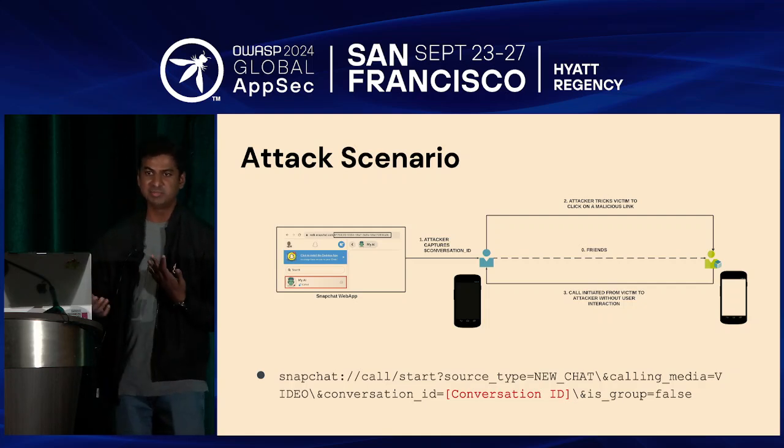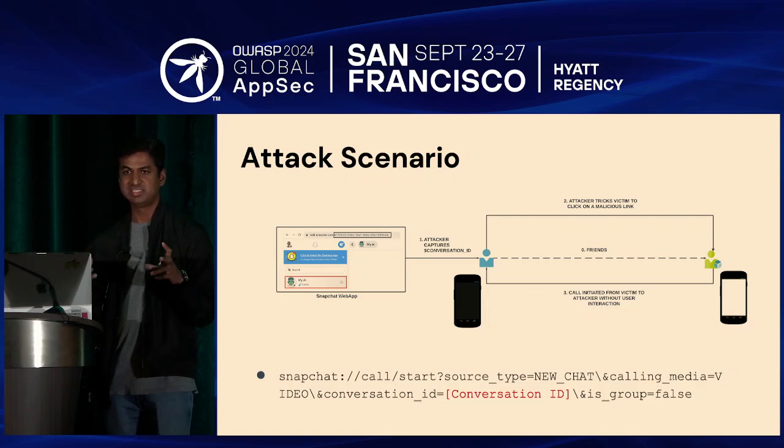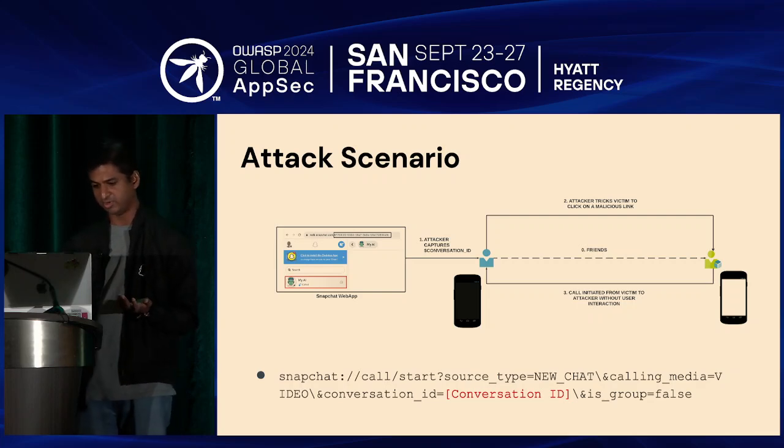You can send it as an email or put it on a forum post or something like that. And then if the victim clicks on that link, immediately Snapchat sees it as a deep link and starts accepting the asset by the default behavior.